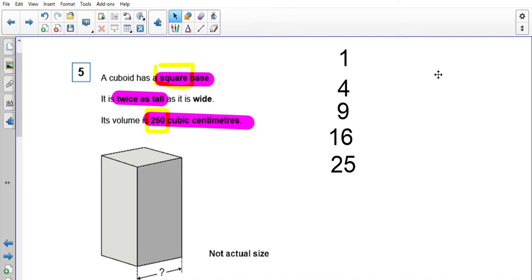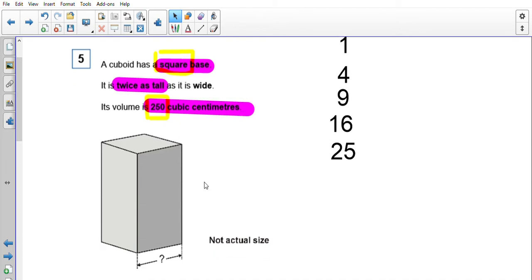And what I could do is a bit of trial and error with this, but actually if I'm spotting that link in there, 25, hang on a sec, let's try that out. If I popped in down here 5 centimetres and 5 centimetres, that would give me a square area on the bottom of 5 times 5, which is 25.